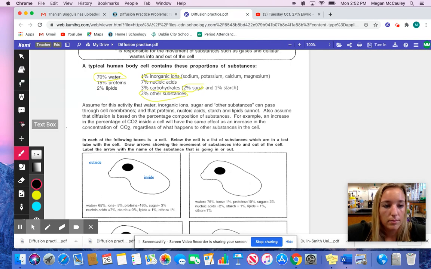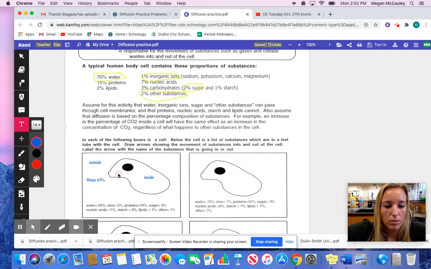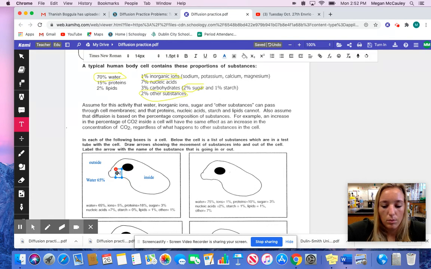Okay, so water in this box has a 65% on the outside. So water is 65%. Okay, what is water in the average human body? Well, up here it says 70%. So inside, water is 70%.